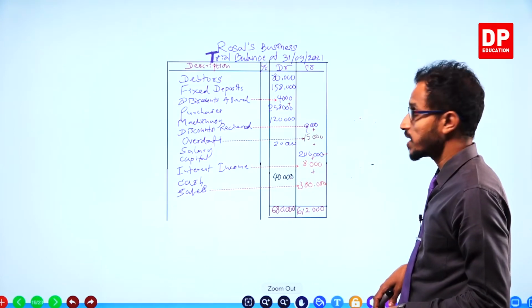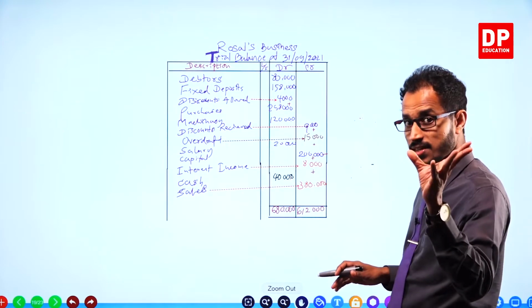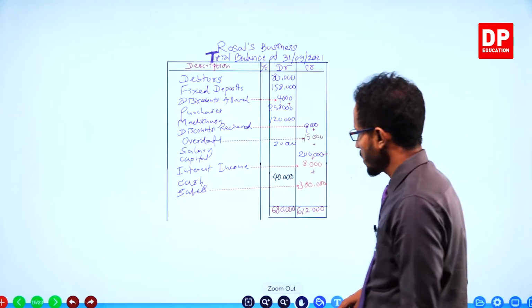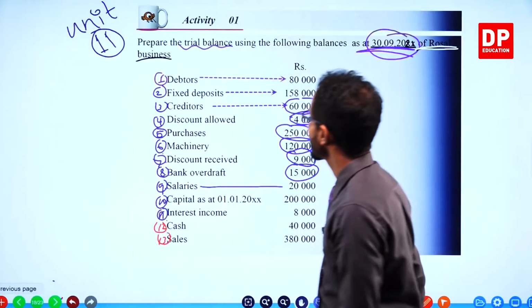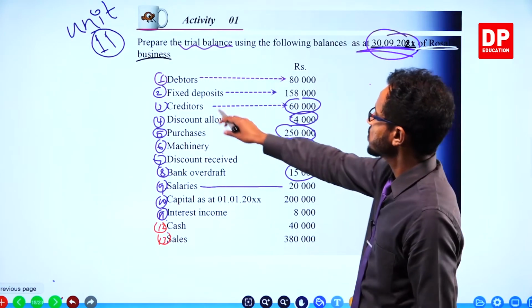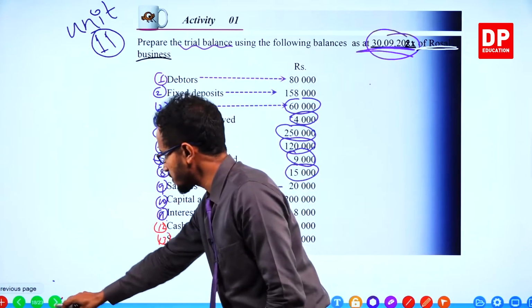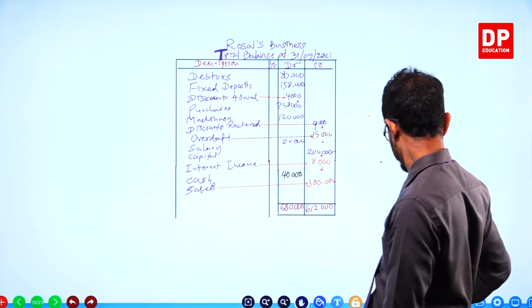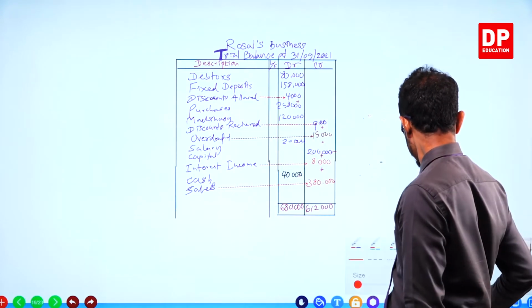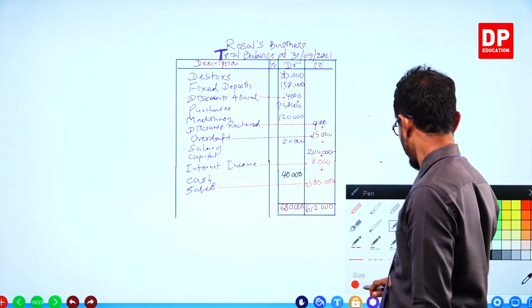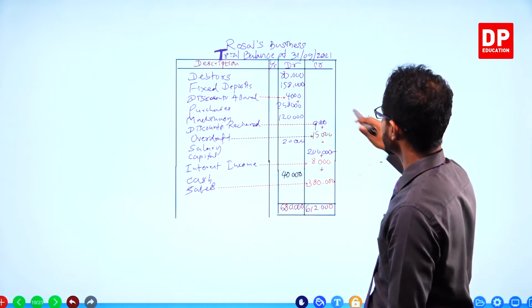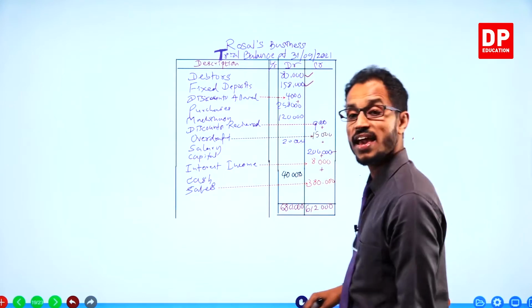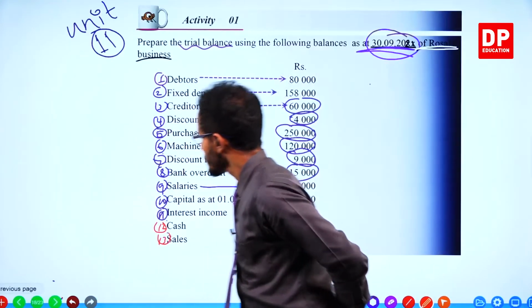We should check whether all the debit entries are correct and whether all the credit entries are correct. We have debtors 80,000, that's correct. 158 is the FD, that's correct.